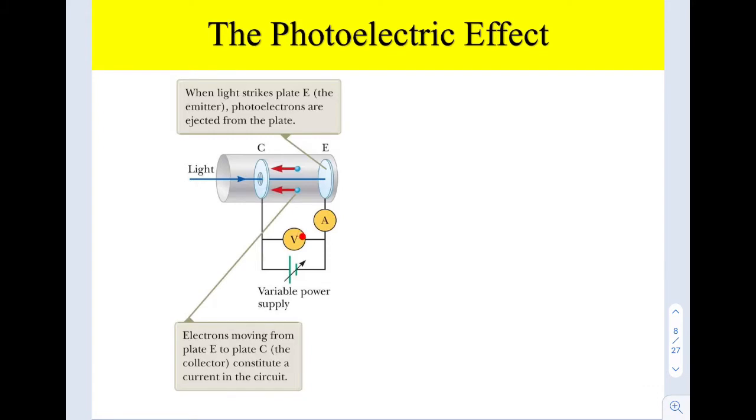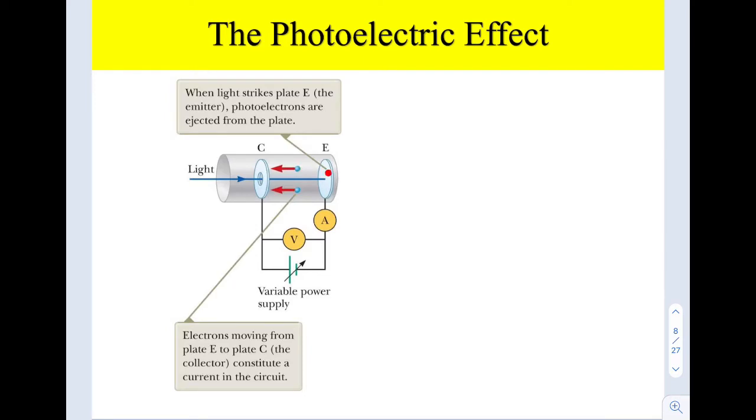The voltmeter plays a role in measuring the voltage difference between the two terminals of the battery, as well as between the collector and emitter. The ammeter reads the current flow due to the emission of electrons. The emitted electrons are known as photoelectrons.